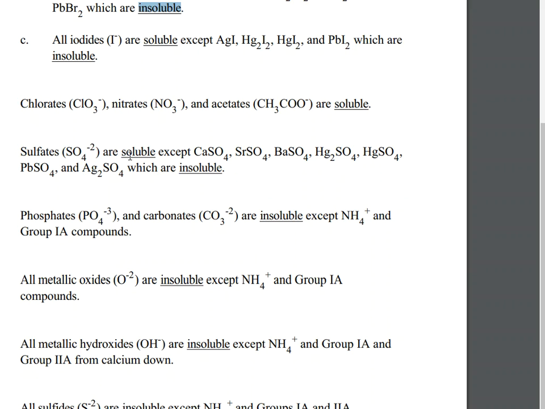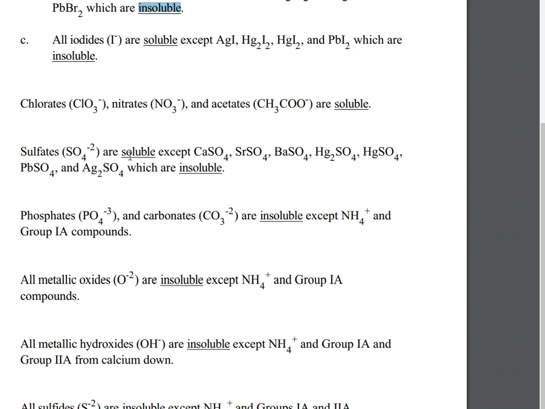So mercury and lead and silver can be hit with chloride and they fall to the bottom of the tube as a precipitate. If I can remove those, it looks like sulfate, if it's added next, could grab calcium, strontium, and barium and make them fall to the bottom of the tube.